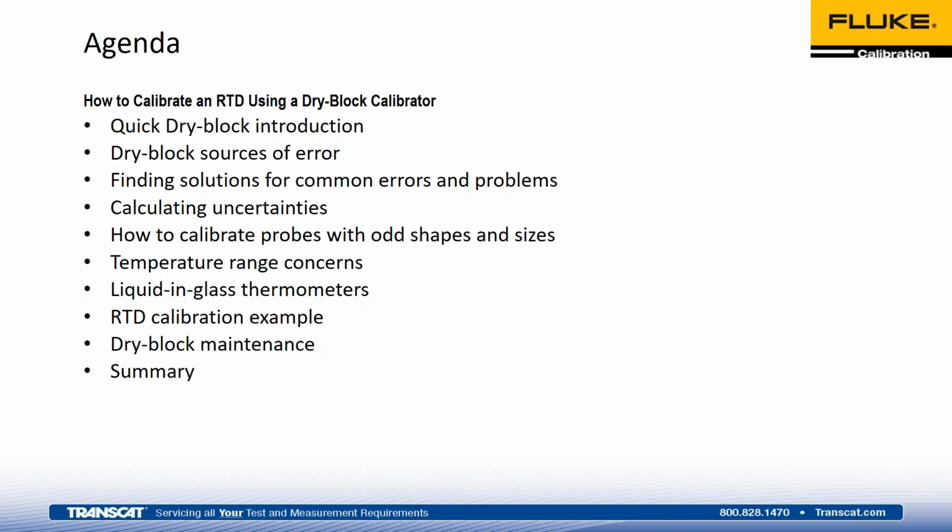I've got a couple of slides on calculating uncertainties that we'll touch on. That one can be a little bit of a rabbit hole because there are many different ways to interpret the data. Some folks will do temperature to temperature, some temperature to resistance, and when you do temperature to resistance, there are several formulas that can be used, all of which are acceptable.